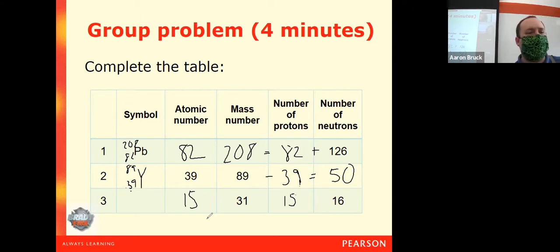Atomic number 15 takes us to phosphorus, P. And to finish out the symbology, 31 is its mass number, 15 is its atomic number. All right, any questions about these 3 examples?